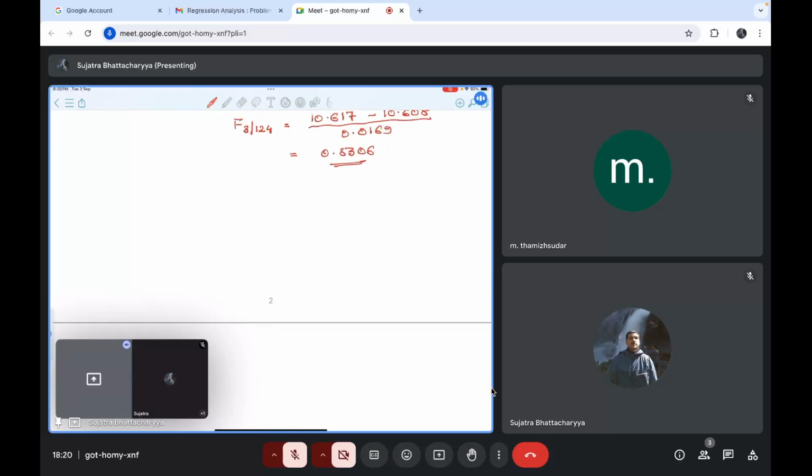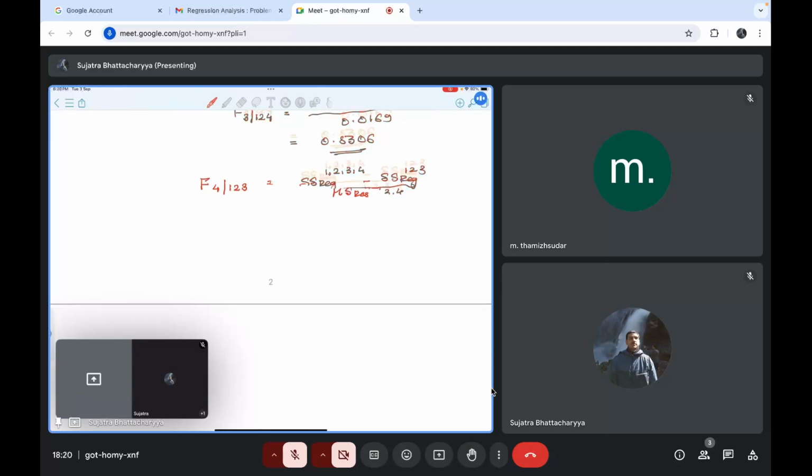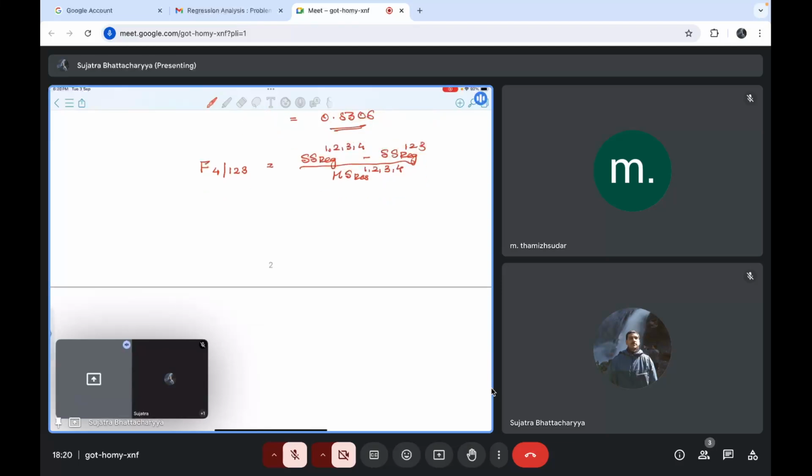Similarly, let us calculate another, which is x4 in the presence of 1, 2, 3. We haven't calculated this either. It is better to write all the steps every time so that you don't get confused. This becomes SS regression of 1, 2, 3, 4 minus SS regression of 1, 2, 3, divided by MS residual of 1, 2, 3, 4. Two things are already known.